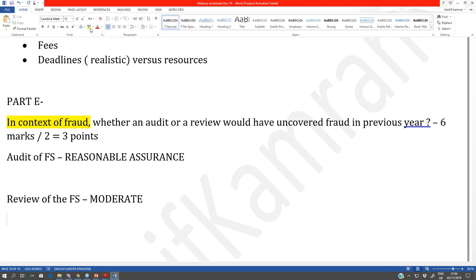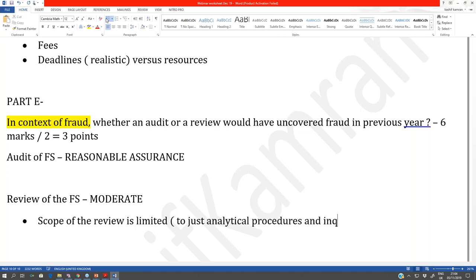And the scope of the review is limited, and it's limited to just analytical procedures and inquiry. So you have a very limited scope when you perform a review of a financial statement, because you're just limited to analytical procedures and inquiry.